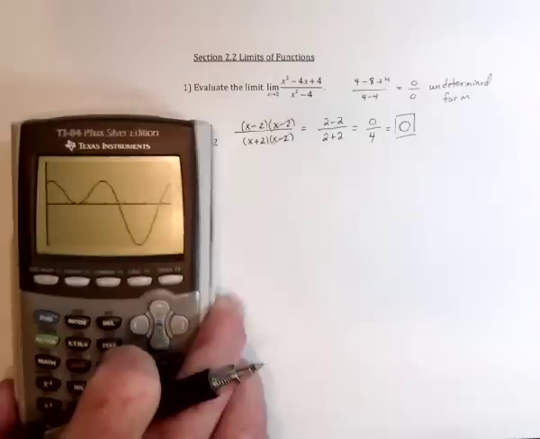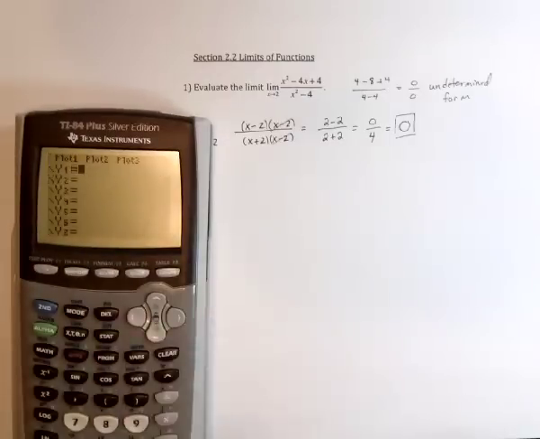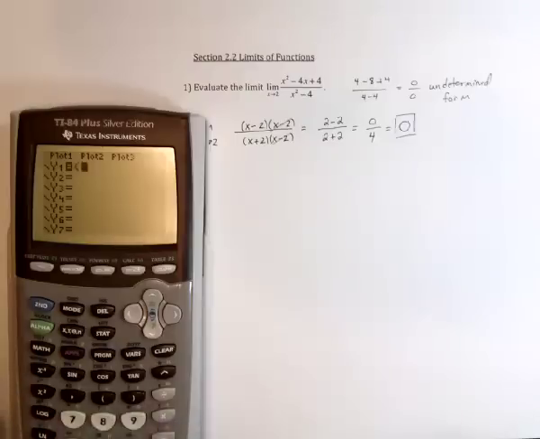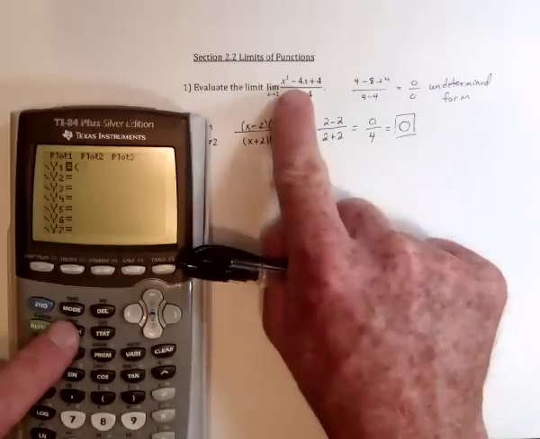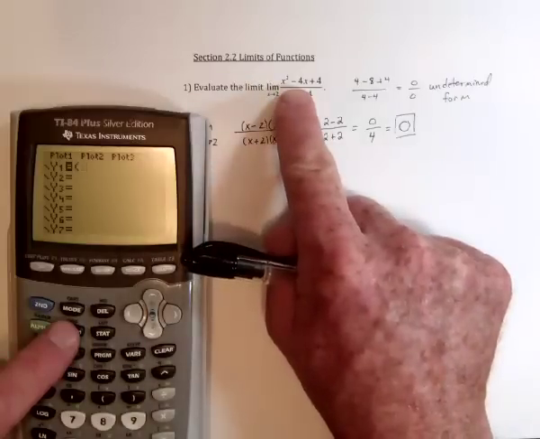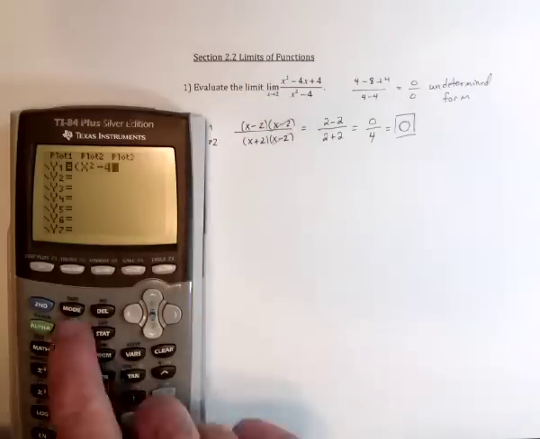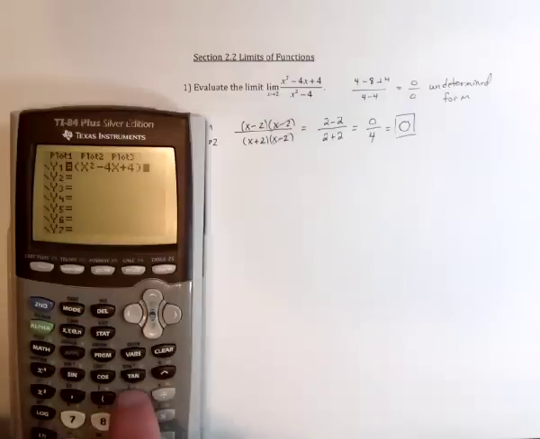Now we can take a look at the function and see if 0 looks right. So we're going to graph this function. Since it's got more than one thing in the numerator, use parentheses to say, here's what's in the numerator: x squared minus 4x plus 4.